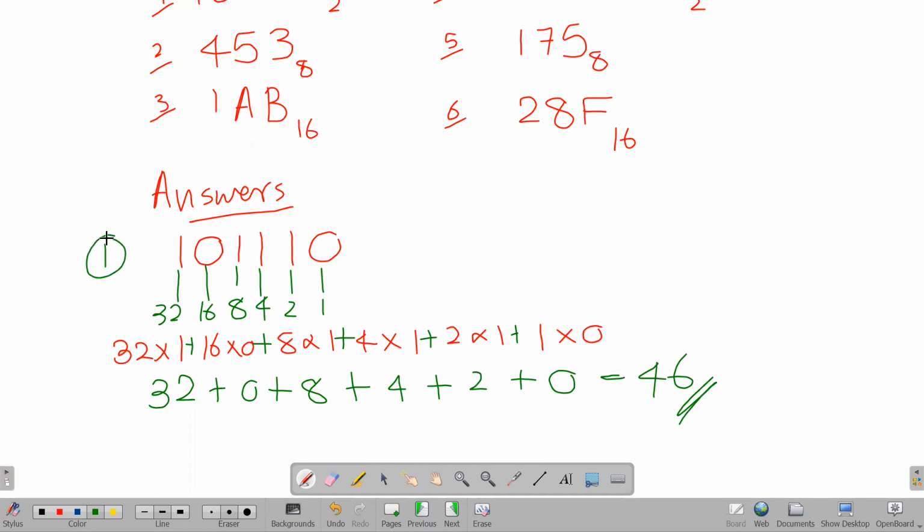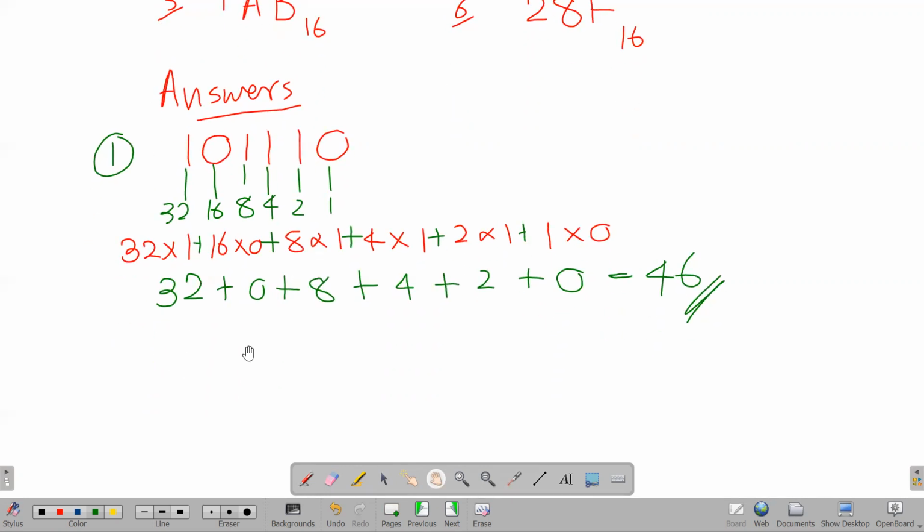So the second one is 453, isn't it? Yeah. So the second one is 453, that is in octal.